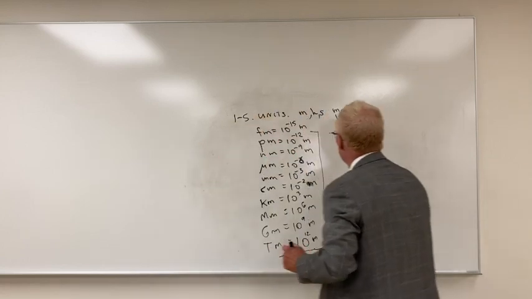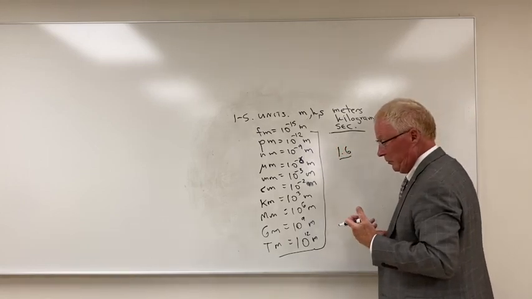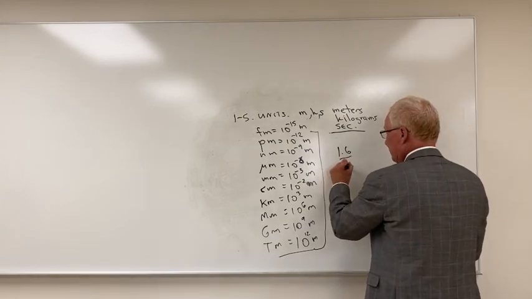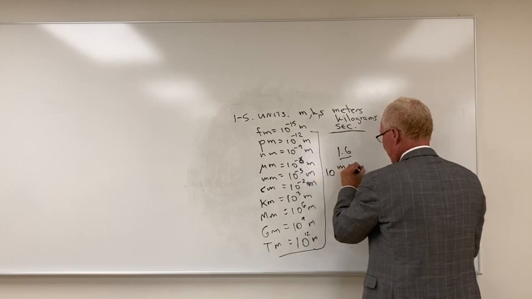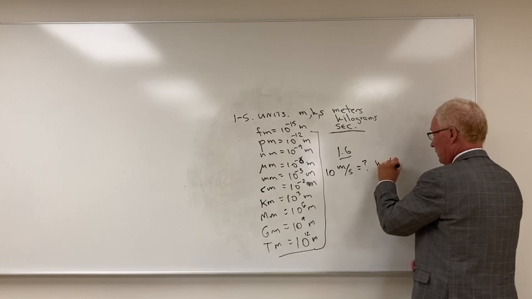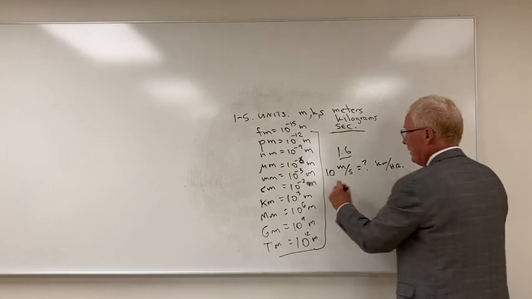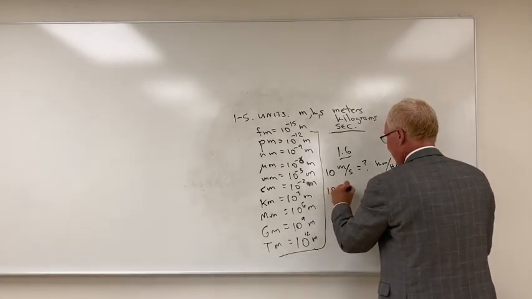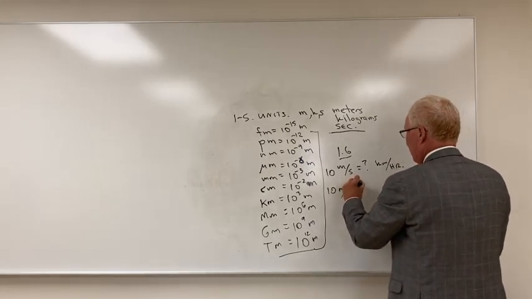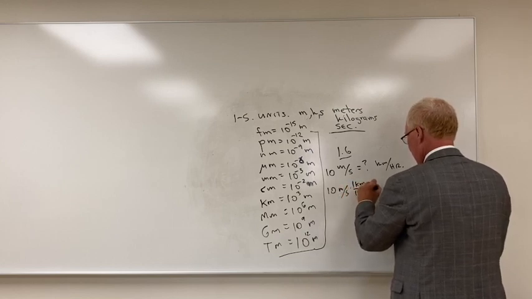All right, the only other, 1.6 is a little bit on conversion, and this will only be if you're trying to convert mostly metric-wise. So let's say we've got meters per second, 10 meters per second, and we want to figure out how many kilometers per hour that is. Okay? So the way we would do that is we take 10 meters per second times 1 kilometer per 1,000 meters, right?